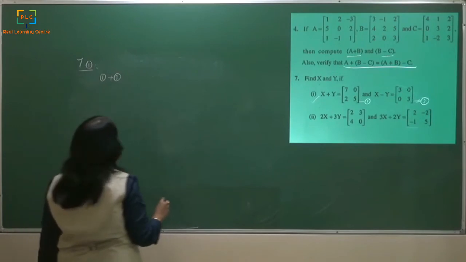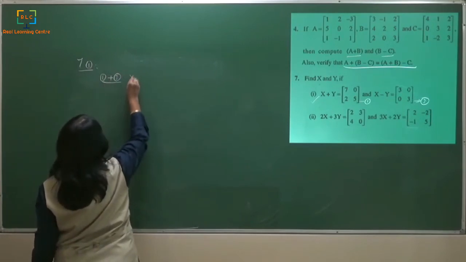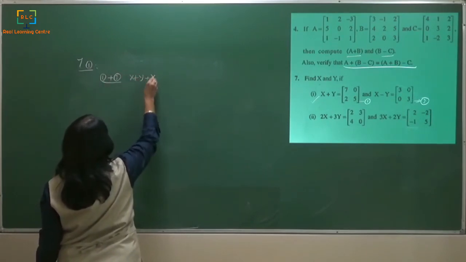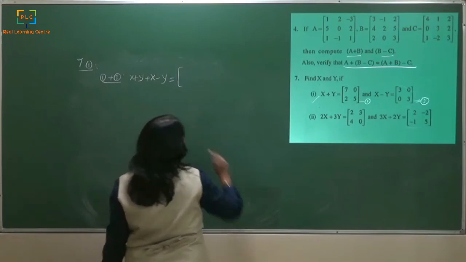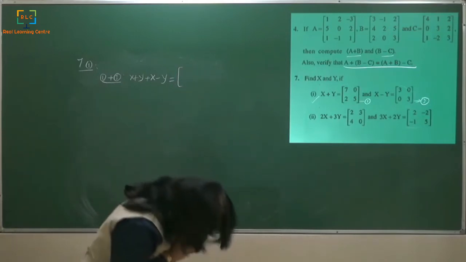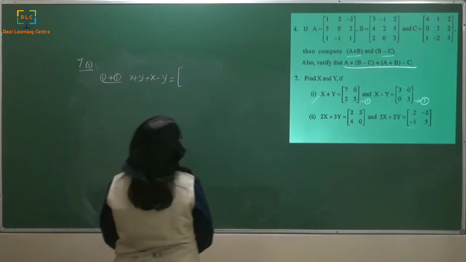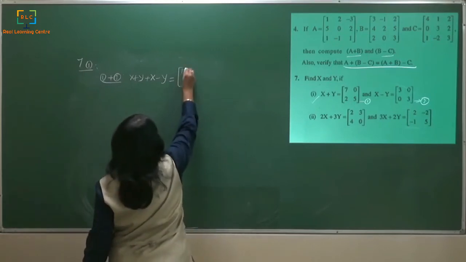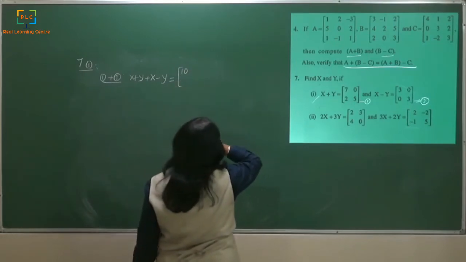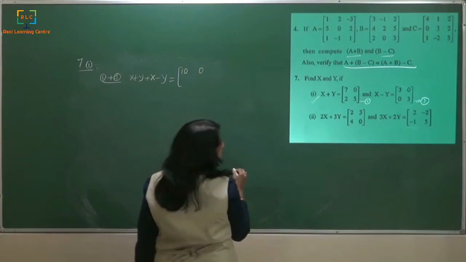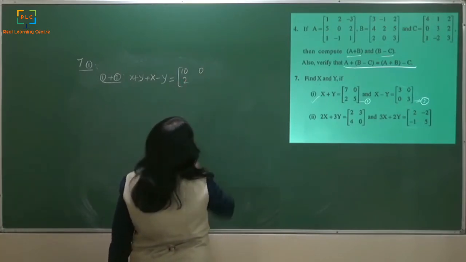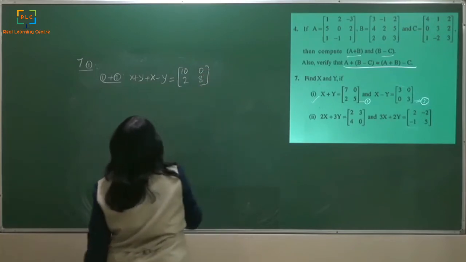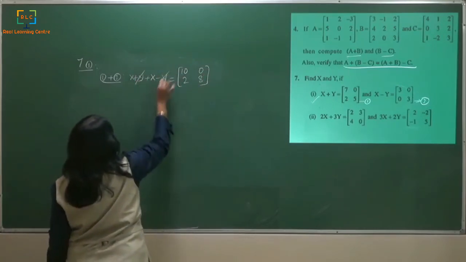When I say 1 plus 2, you get x plus y plus x minus y is equal to, I am adding the two matrices, 7 plus 3 is 10, 0 plus 0 is 0, 2 plus 0 is 2 and 5 plus 3 is 8. Here plus y and minus y get cancelled.